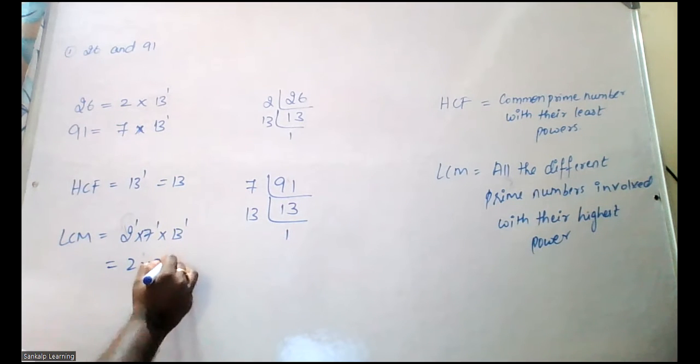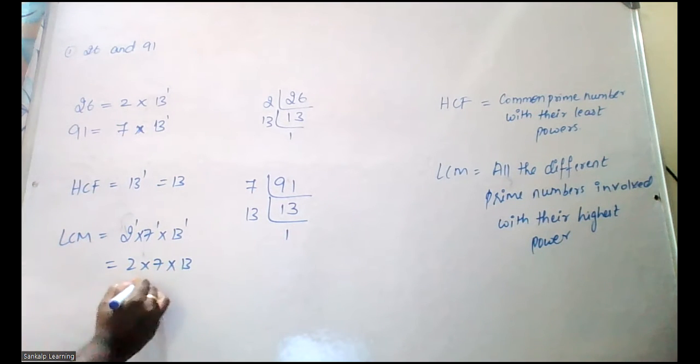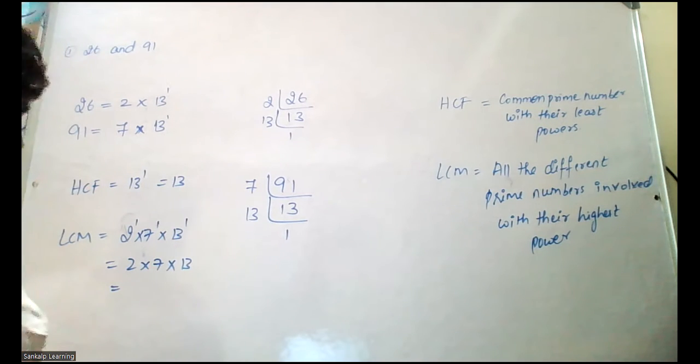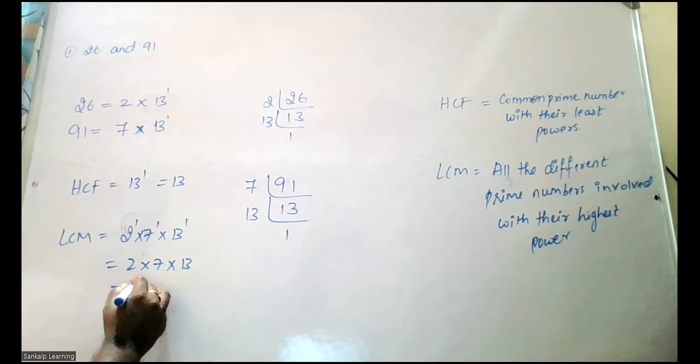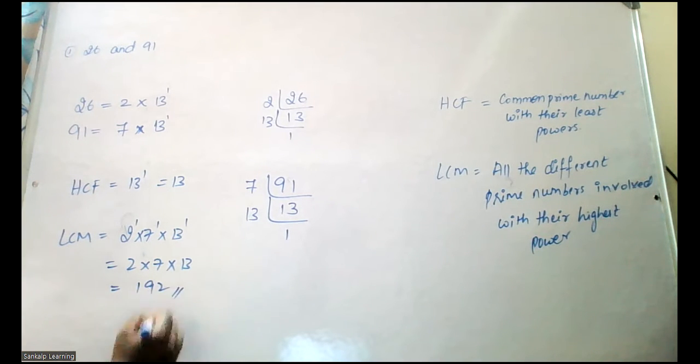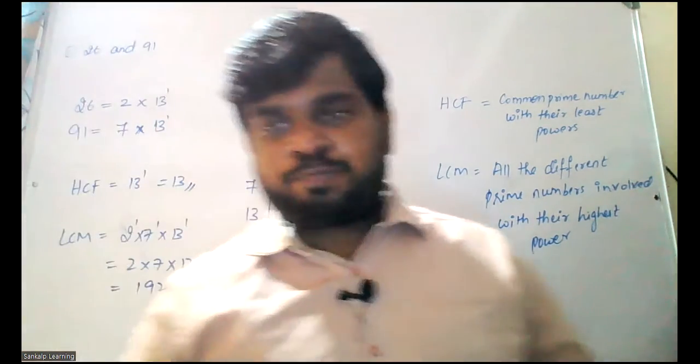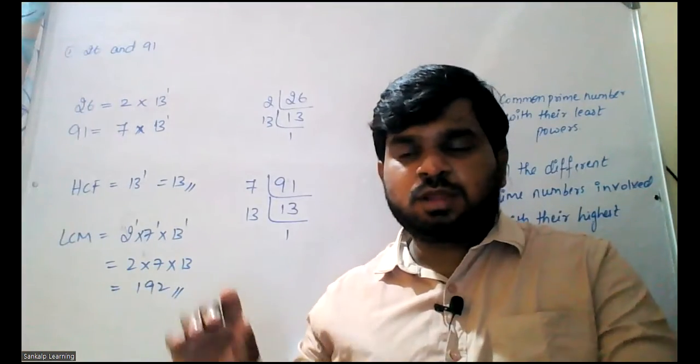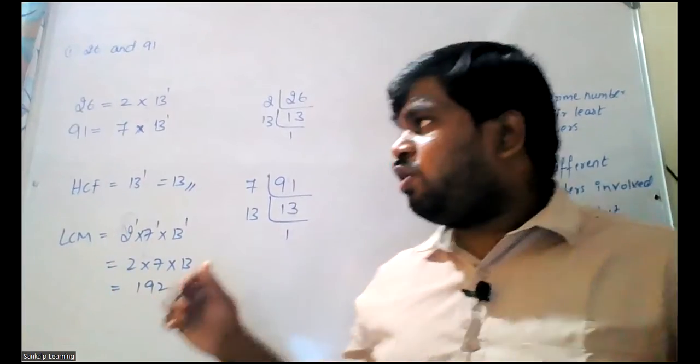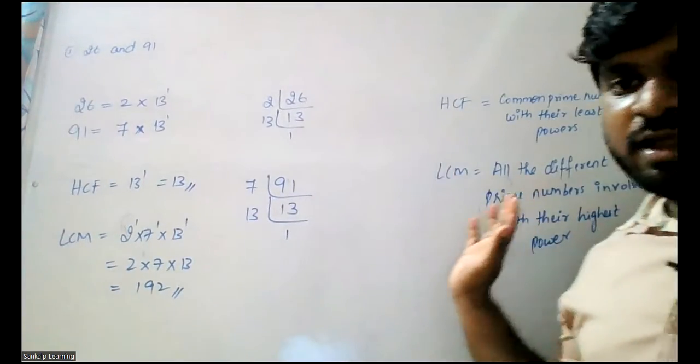So 2 into 7 into 13. 2 into 7, 14. 14 into 13, 182, if I'm not wrong. So LCM is 182, HCF is 13. A very easy one. Prime factorize it and follow these two rules to find HCF and LCM.